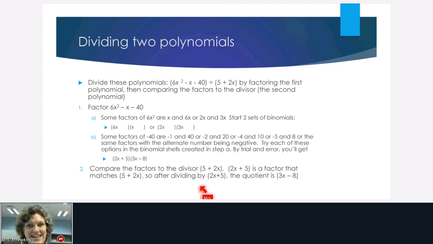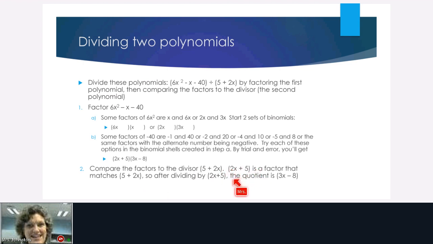So if I compare the factors to the divisor, 5 plus 2x, and my divisor right here is what I wanted to originally divide it by, I have a 2x plus 5 as one of my binomial factors of the trinomial. When two terms are added, it doesn't matter what order they're in, so these are matching binomials.